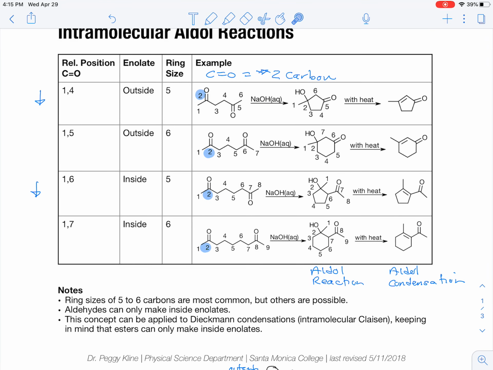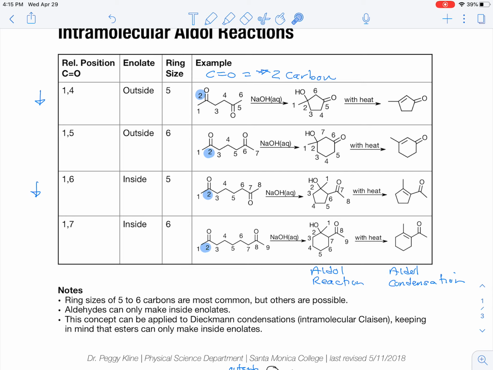And again, this is just a handy way of being able to talk about these reactions and hopefully make them a little bit easier to understand, because I think reactions that make rings and open rings are among the harder ones to understand mechanistically. And again, just as a reminder, aldehydes are going to do this as well as ketones, but aldehydes can only make inside enolates because there's a hydrogen on the outside.